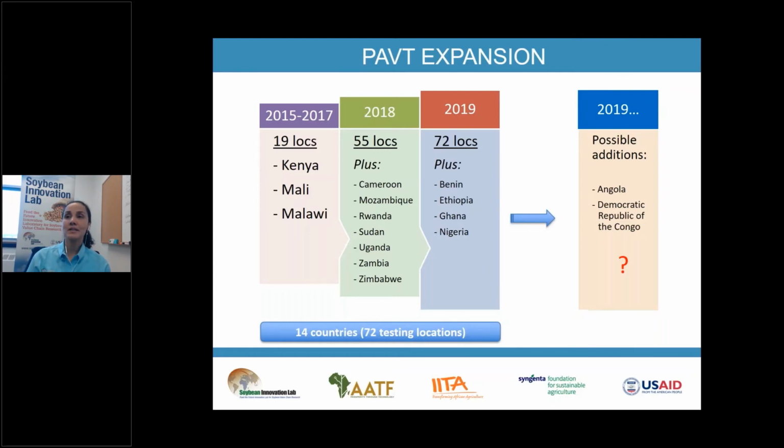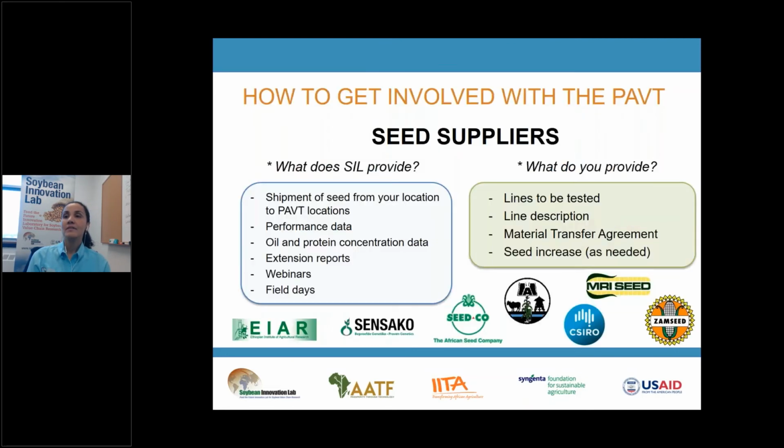So we really expanded a lot, and the year is still in the middle, so we have more locations coming to be planted in Cameroon, in Malawi, in Zimbabwe, in Zambia, and also all the countries that we are working with. We have set up agreements with Angola, and also lots of discussions coming to have the Democratic Republic of the Congo. So we are expanding, and we will be very happy having you working with us.